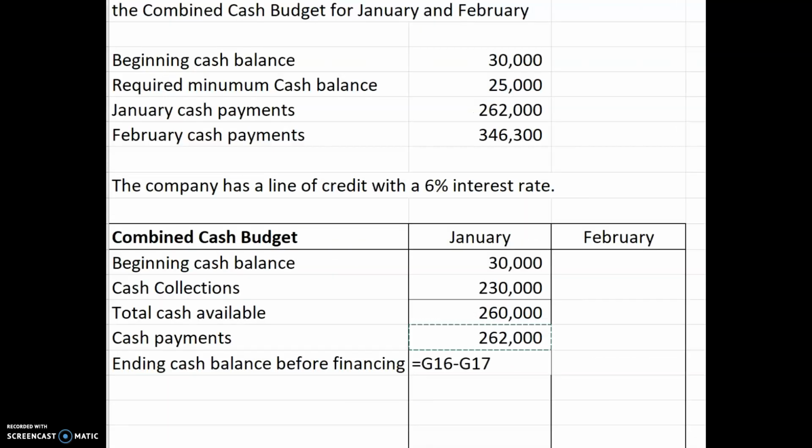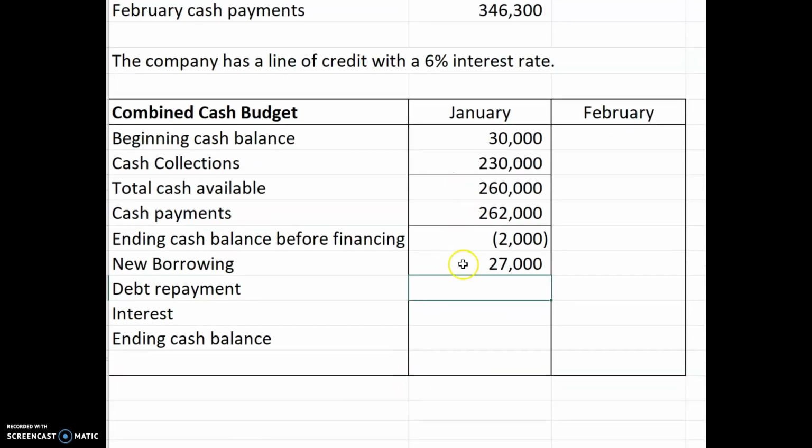So when we subtract the total cash available minus the cash payments, we get negative $2,000. So we need to borrow from our line of credit. We have a required minimum cash balance of $25,000, so that means we need to borrow $27,000 in order to reach that required minimum balance.